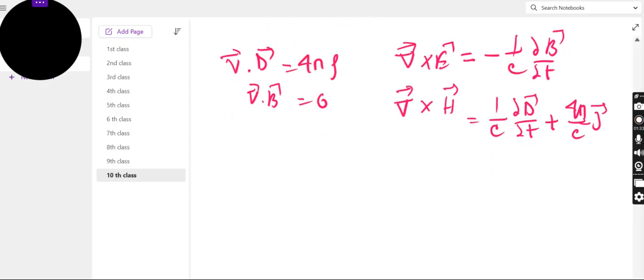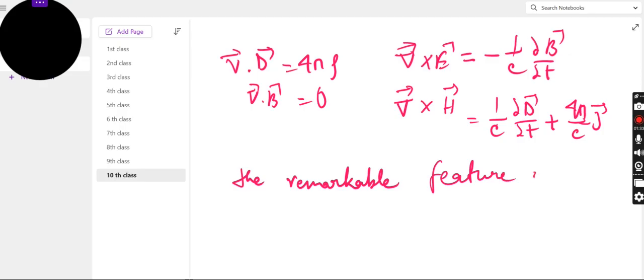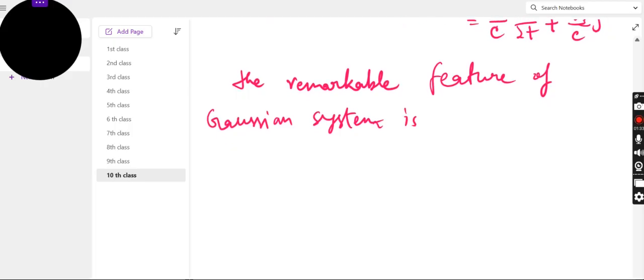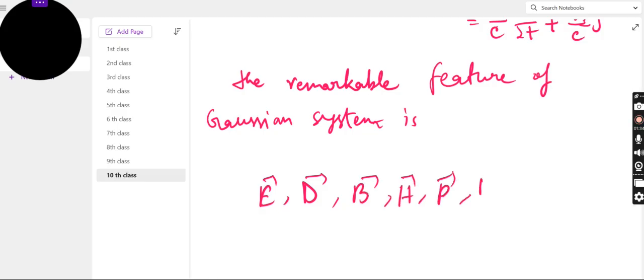So why would we choose the Gaussian system when we have the SI system already? The remarkable feature of the Gaussian system is that E, D, B, H, P, M all have the same dimension.